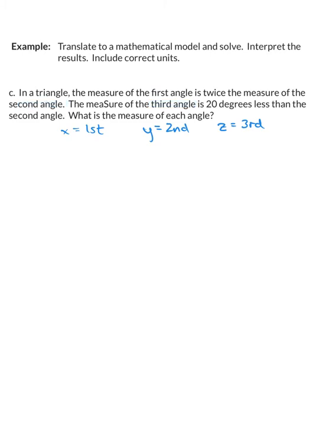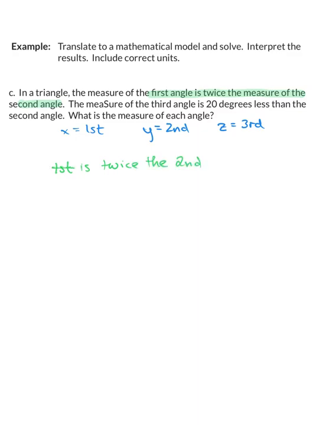It says the first angle is twice the measure of the second. So let's go ahead and translate that. It says the first is twice the second.